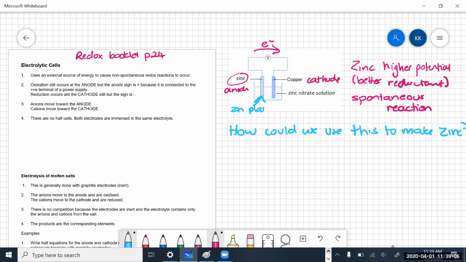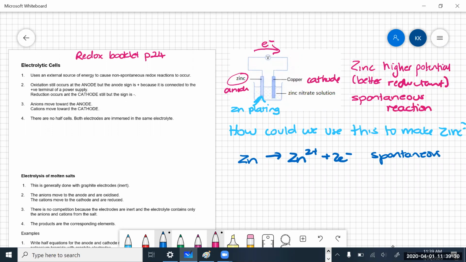What if we wanted to get a zinc plating on that? What we have already happening is zinc going to zinc ions, this being the spontaneous reaction.